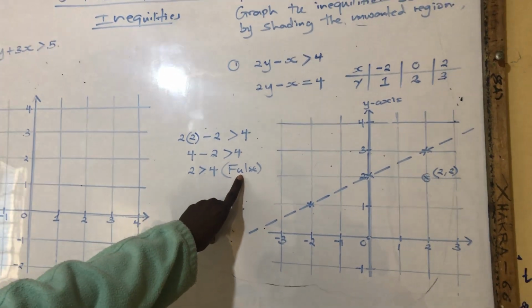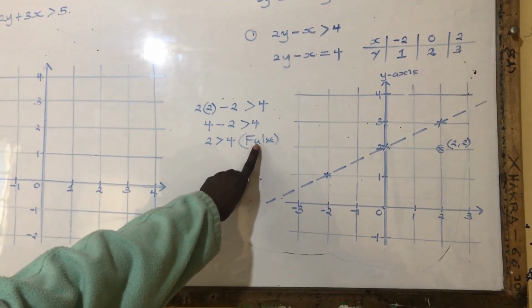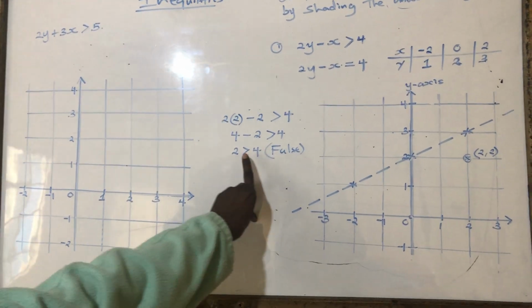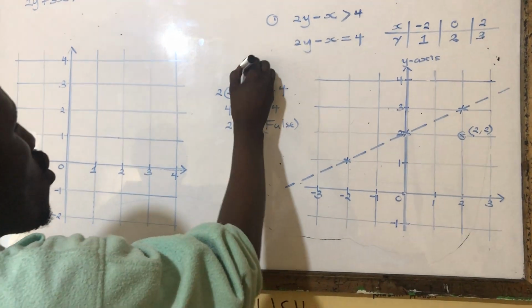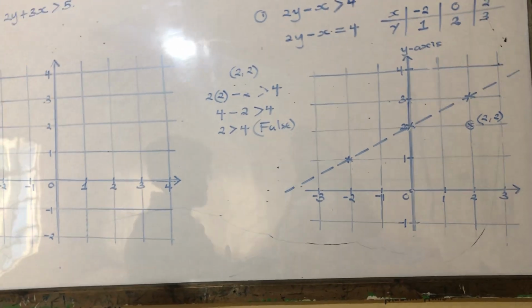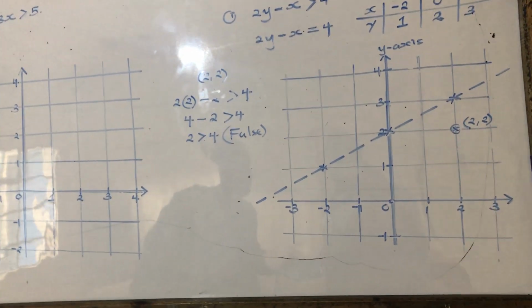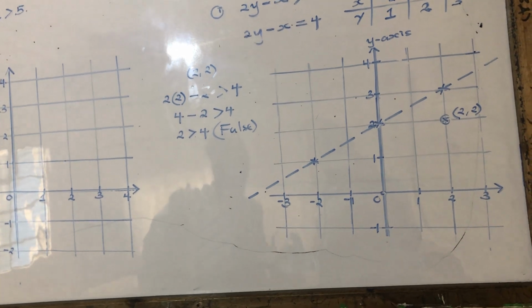When it is false, what does it communicate? It communicates that the region where our 2 came from is unwanted or does not satisfy the inequality.